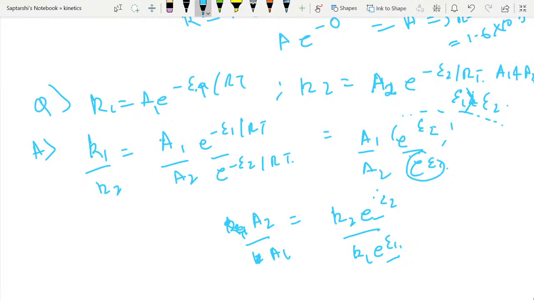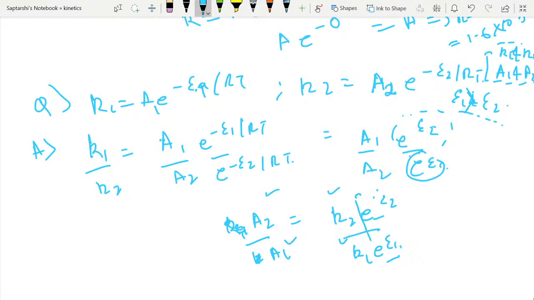Now, the question is that we need to find the relation between A1, A2 and K1 and K2. The options were given in this form, so it's A1, A2, K1, K2. Now we know the denominator is high, right?